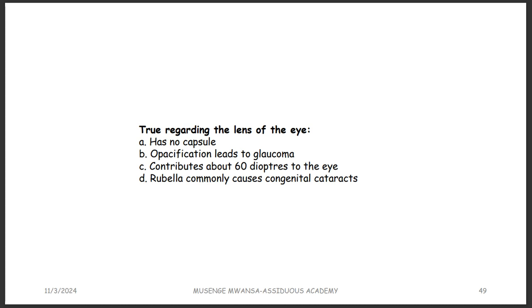To opacify is basically to become cloudy. That really doesn't lead to glaucoma, isn't it? We know glaucoma can be caused either by closure of the angle or by simply having some obstruction at the drainage site.